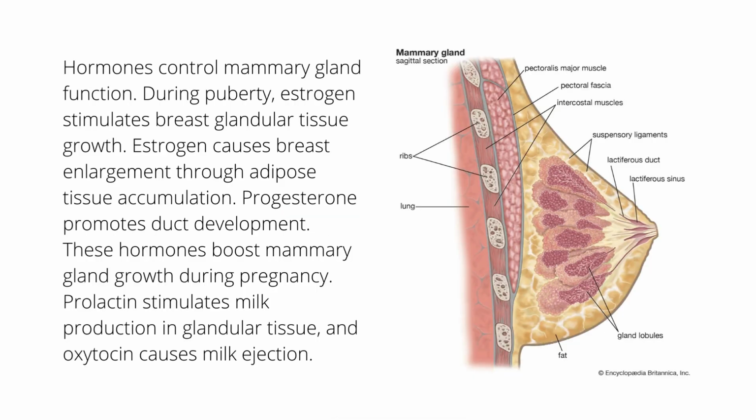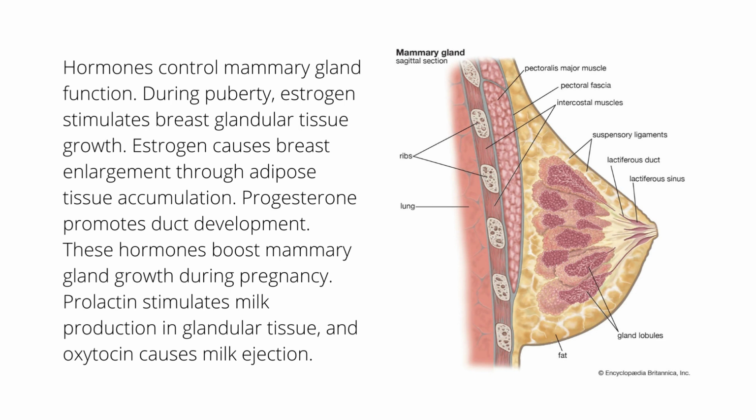Mammary gland function is regulated by hormones, of course. At puberty, increasing levels of estrogen stimulate the development of glandular tissue in the female breast. Estrogen also causes the breast to increase in size through the accumulation of adipose tissue. Progesterone stimulates the development of the duct system.